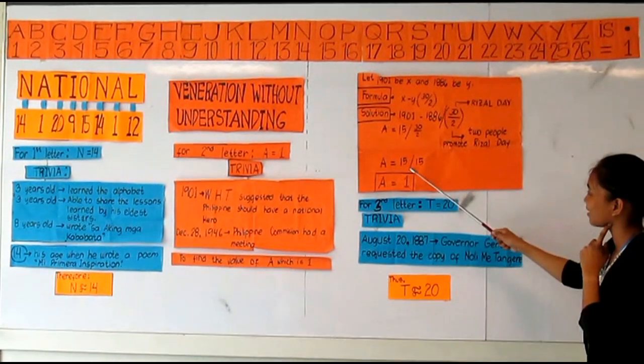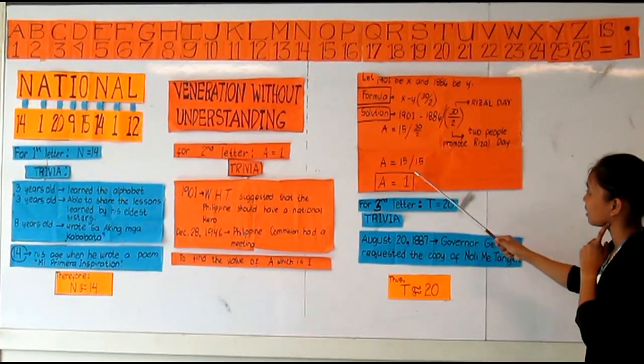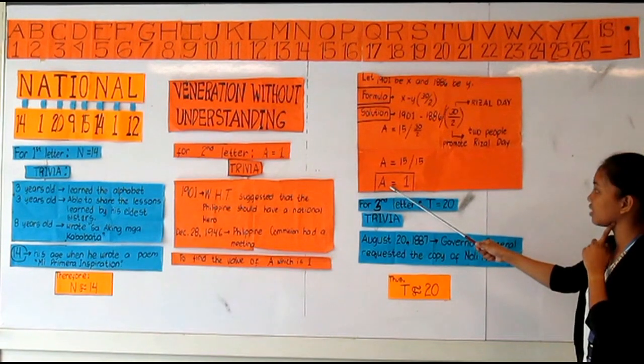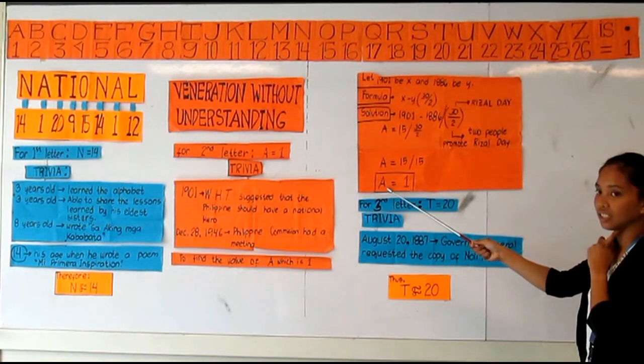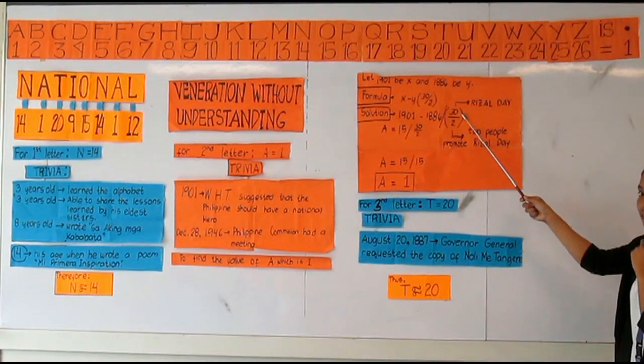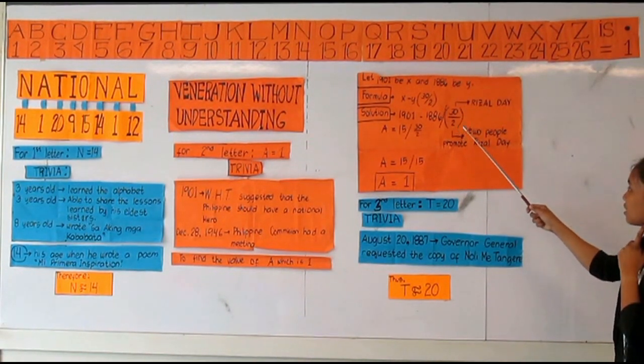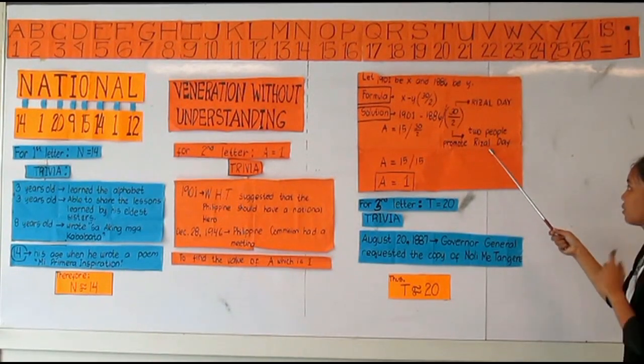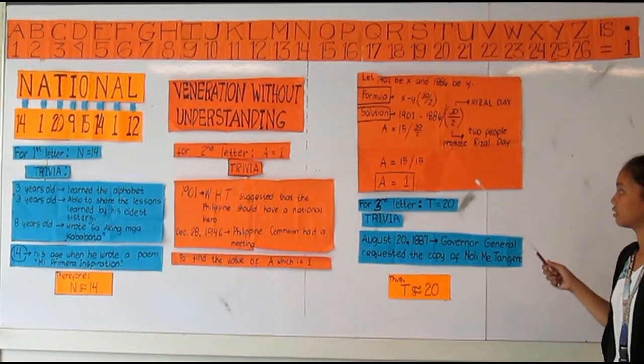So A is equal to 15 over 15. Then divide 15 by 15, then letter A is 1. Where 30 is the Rizal Day, and 2 are the people who promote Rizal Day.